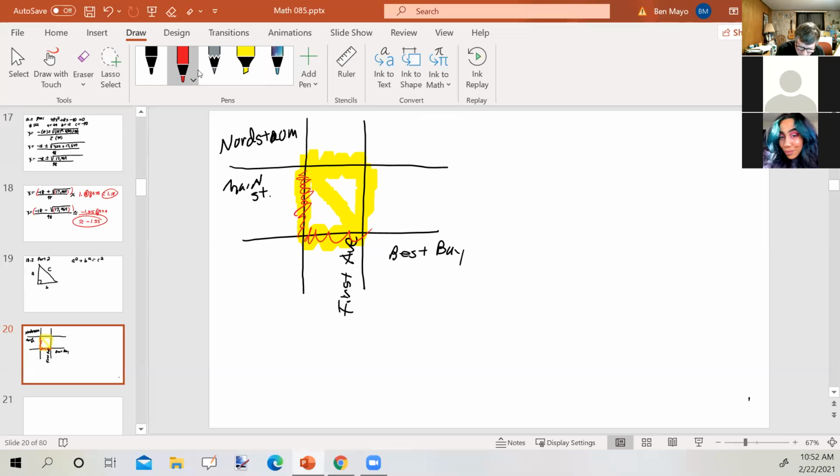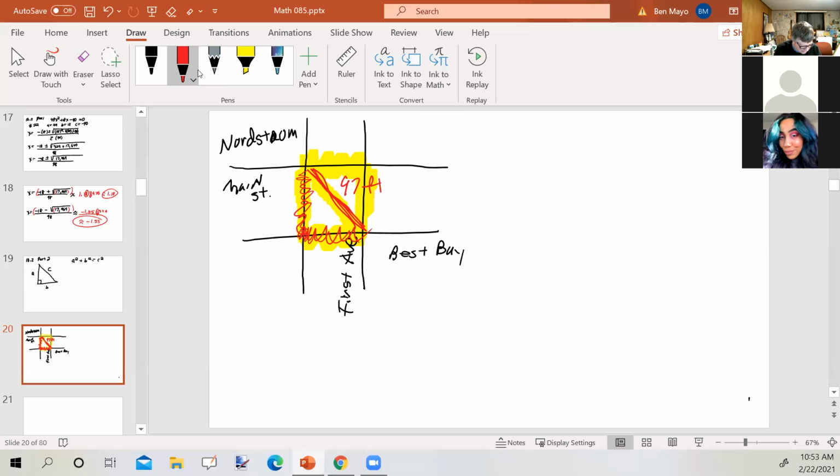So instead of going from here to here and then from here to here, they're going to use this diagonal crosswalk. Okay, and we know that that is 97 feet long. If the length of the Main Street crosswalk is 7 feet longer than the First Avenue crosswalk, how much walking does the shopper save by using the diagonal crosswalk?